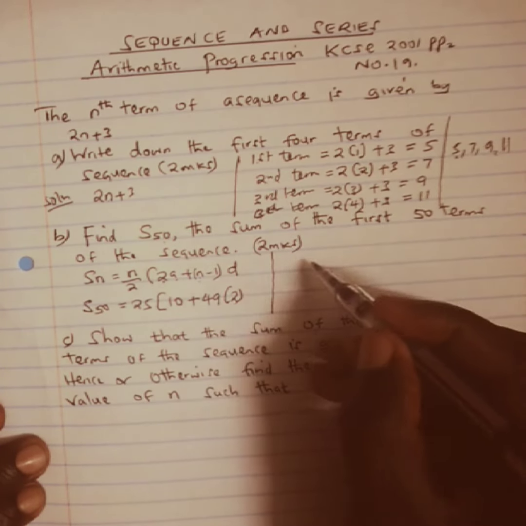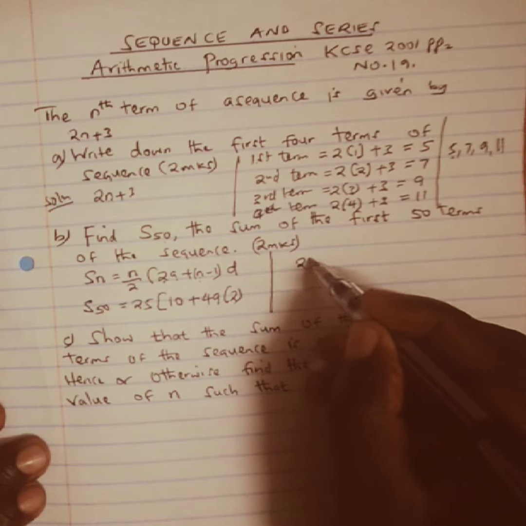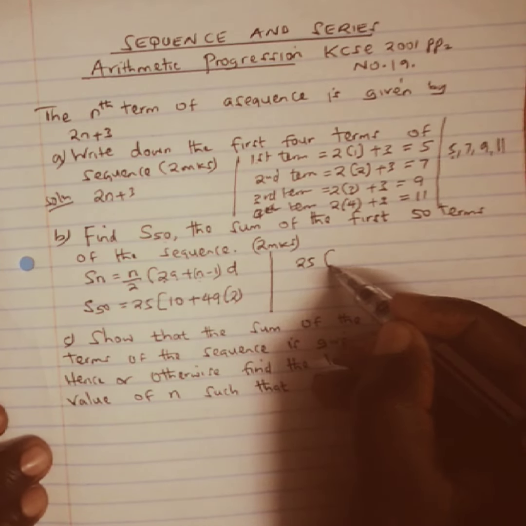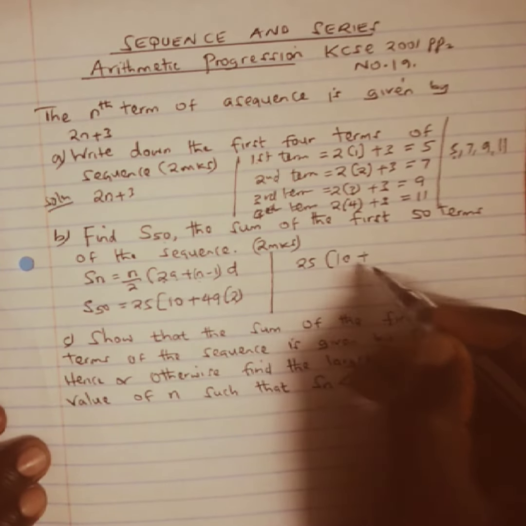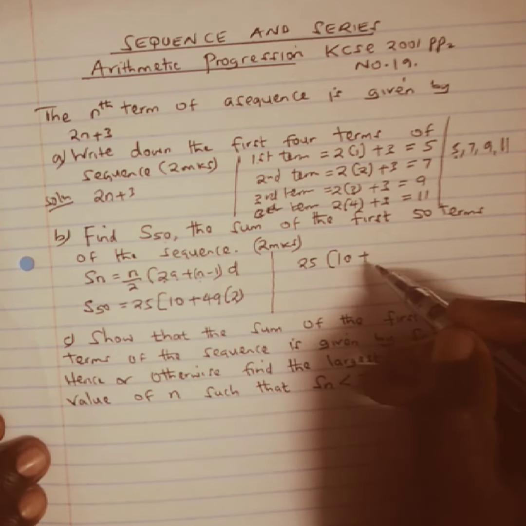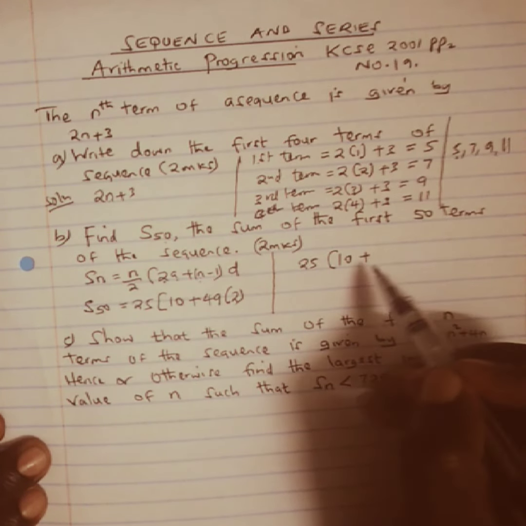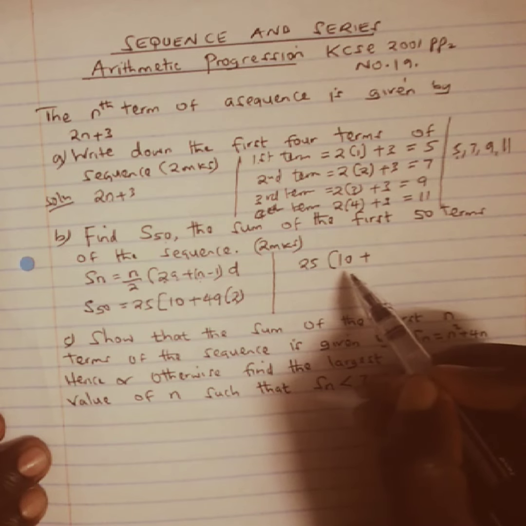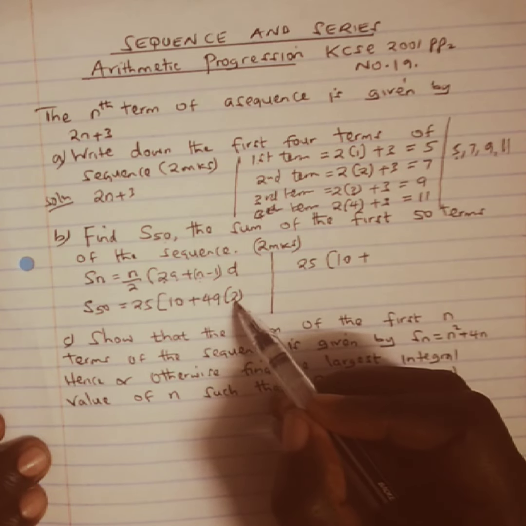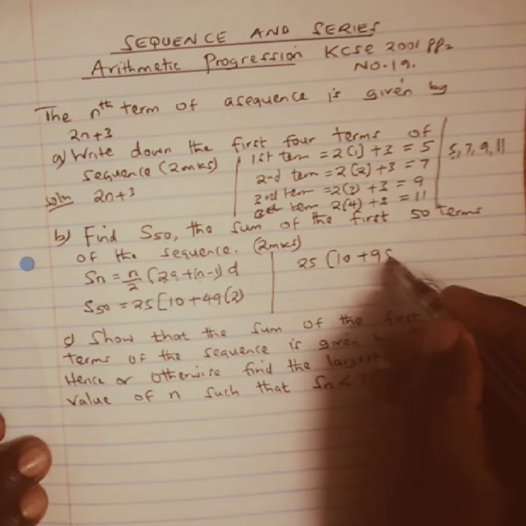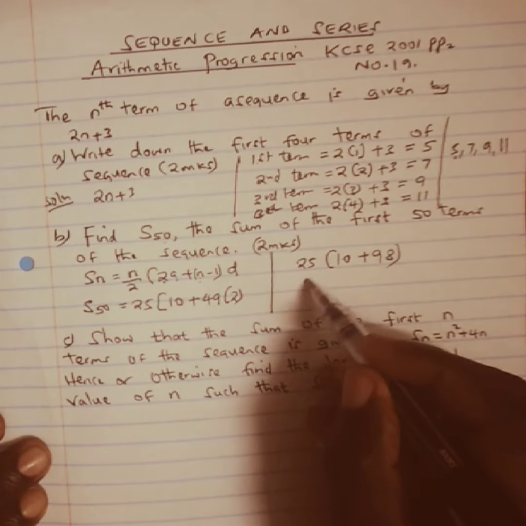From here, we are going to have 25 into 10 plus we have 49 times 2, giving us 98. And this one is going to be 25.